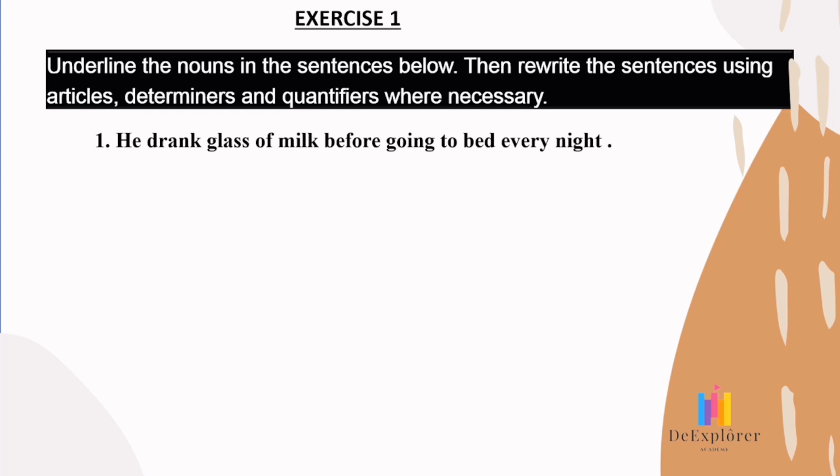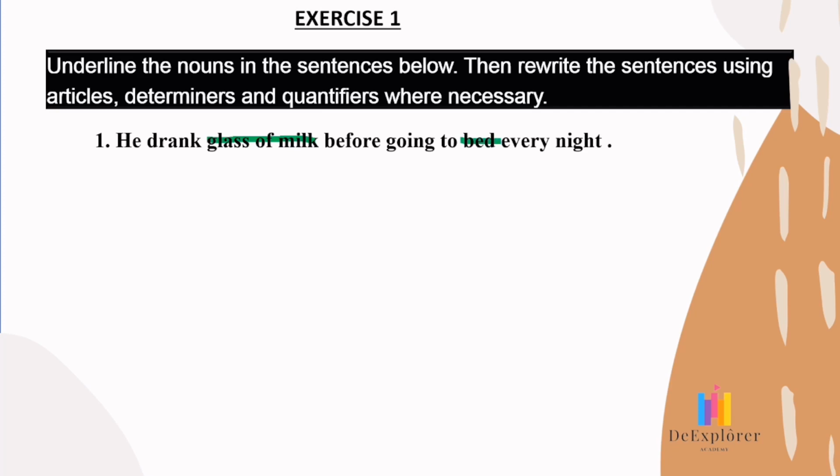First, underline or highlight the nouns in the sentence. Nouns: glass of milk. One more, bed. That's another noun.